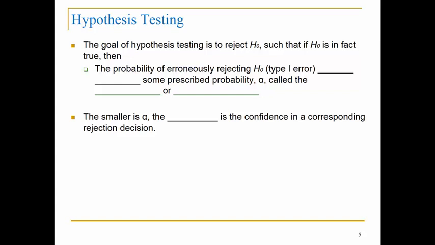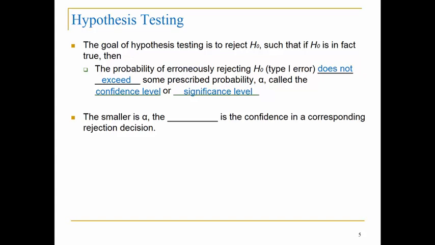So the goal of hypothesis testing is to reject H0, the null hypothesis, such that if H0 in fact is true, then the probability of erroneously rejecting H0, which is the type 1 error, does not exceed some prescribed probability alpha called the confidence level or the significance level.